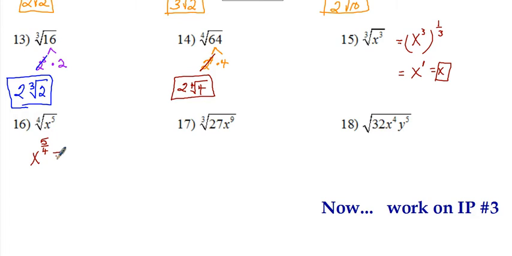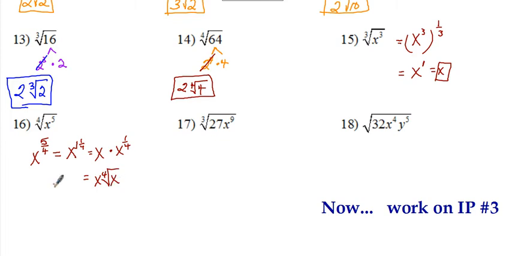We can simplify this down to x, and if you want to think of this as a mixed fraction, it's x to the 1 1/4, right? Or x times x to the 1/4, or x times the 4th root of x.